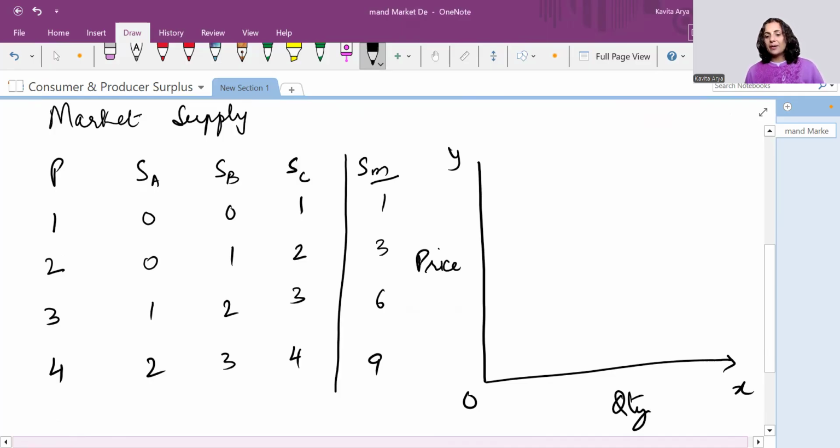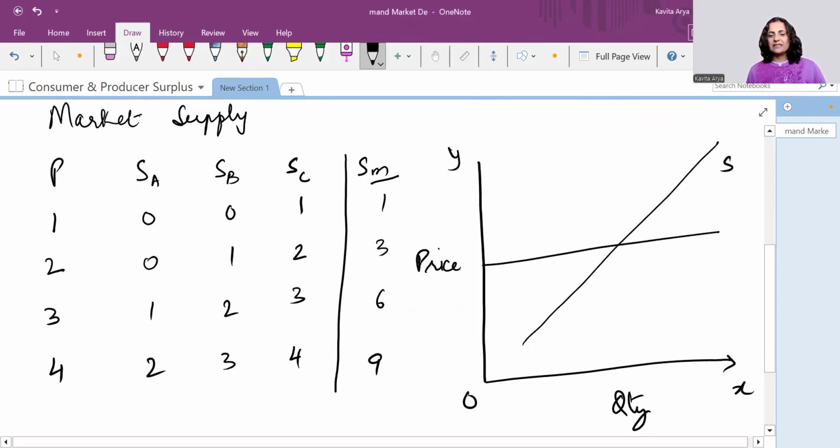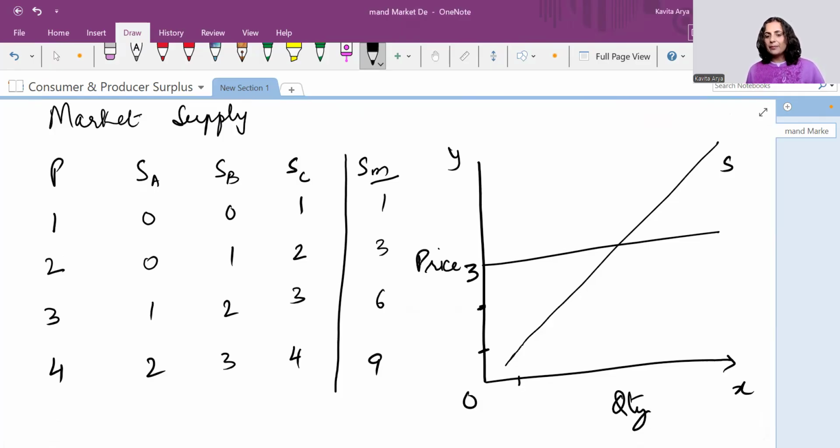So how do we make the supply curve? The supply curve goes upwards this way. So this is the supply curve and this is the price. Say the price is 3. So what do we see? There were certain suppliers who were okay with the price at 2, the price at 1, and they could have supplied some units.